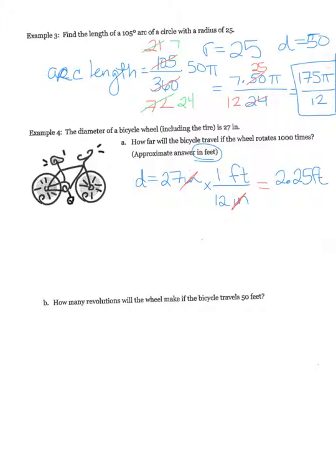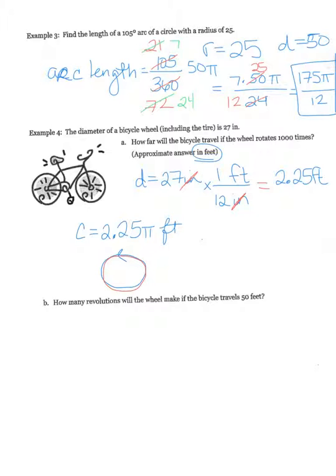From there, we know that the diameter is 2 1/4 feet, so the circumference is going to be 2 1/4 pi feet. Now, they want to know how far you are going to go. If I rotate once, that's 2 1/4 times pi.